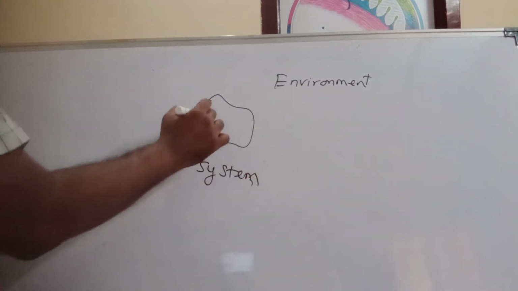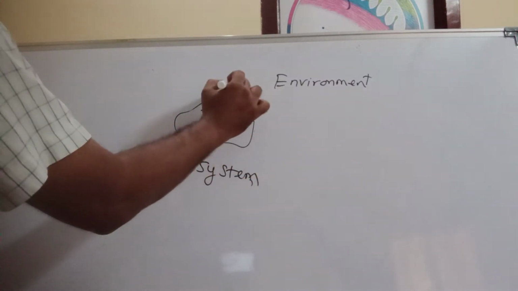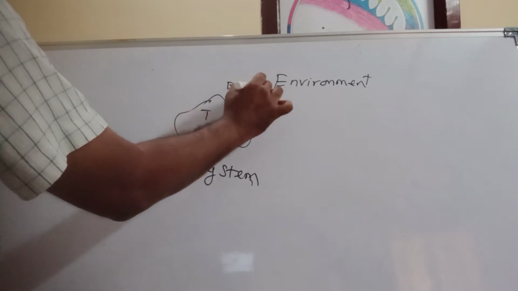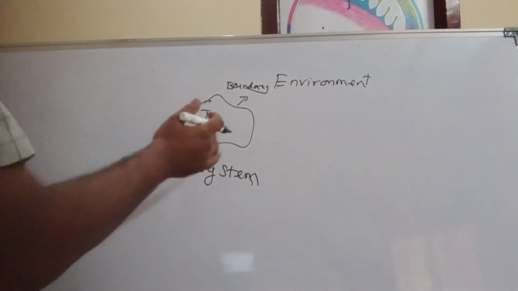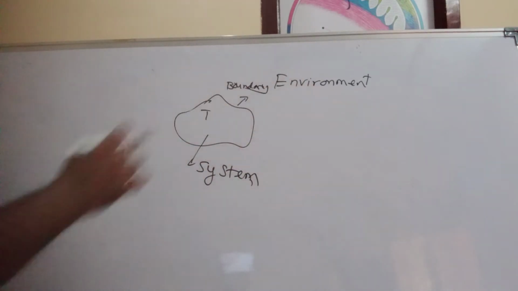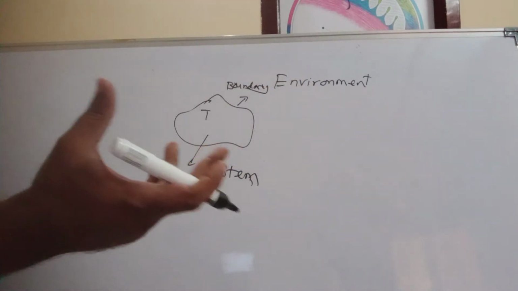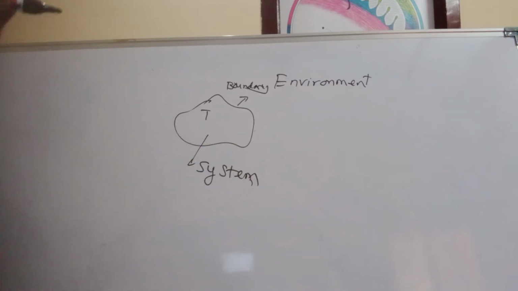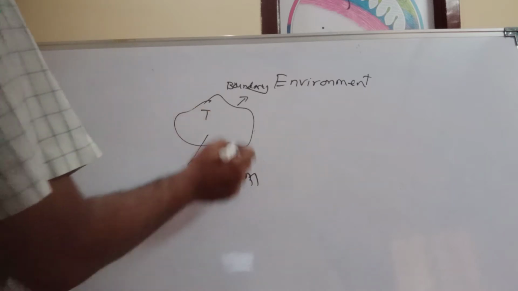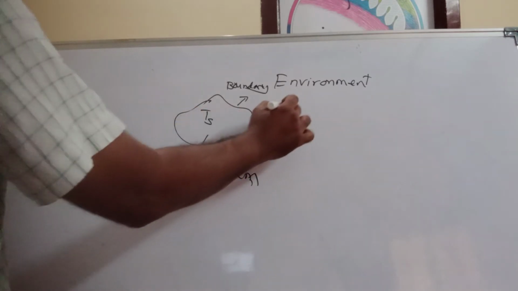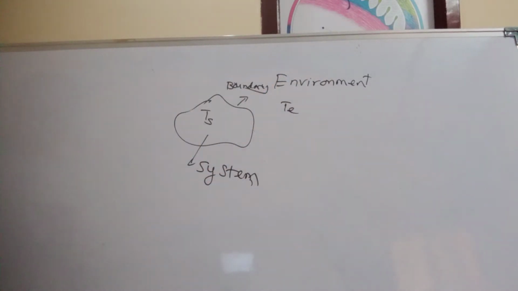So here let us say the system, and this is the boundary, which kind of acts like a barrier between the system and the environment. Like for the cup of tea, that cup itself is the boundary. Now here let us say the temperature of this system is Ts and environment is Te.